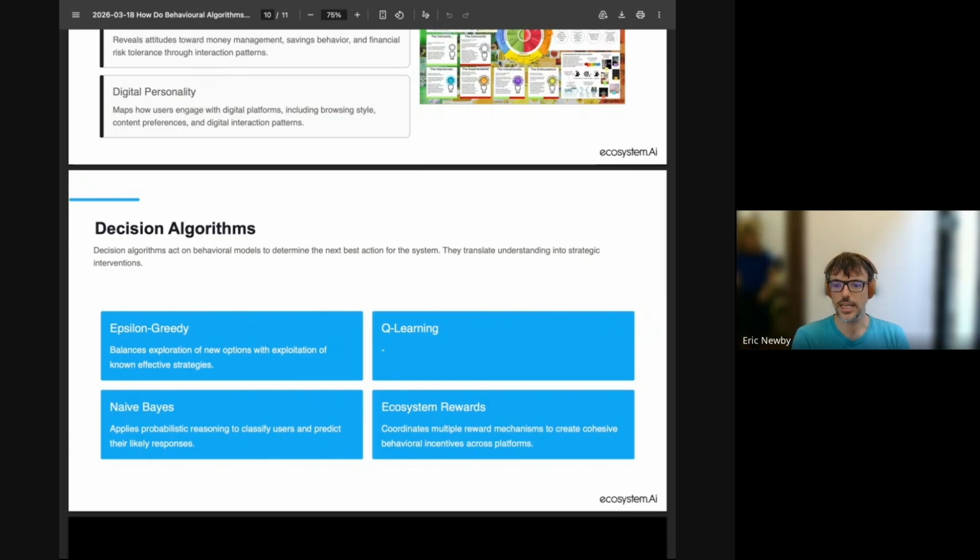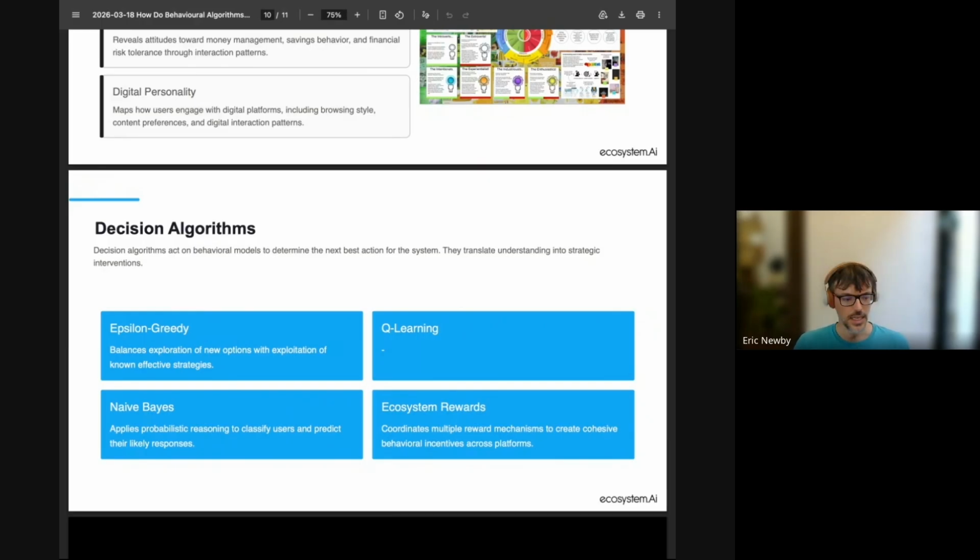And ecosystem rewards is an adjustment and modification to Thompson sampling, which tracks your explore and exploit balance and tracks distributions for the different engagements and uses those distributions to decide where more exploration is necessary, where exploitation should happen. Q-learning is where you define a reward policy and it fits more in the traditional reinforcement learning paradigm.